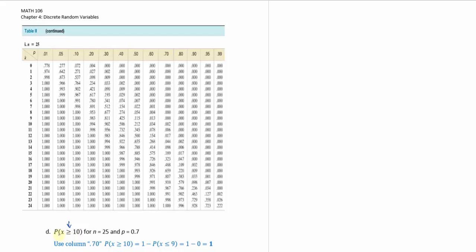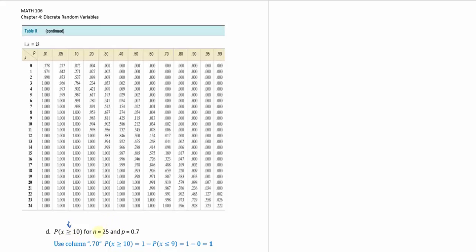In the next question, we're looking for the probability of x greater or equal to 10. When we see greater than, that's a clue that we are thinking about complements. We're going to take 1 minus the probability that x is less or equal to 9, because those would be the complementary values.